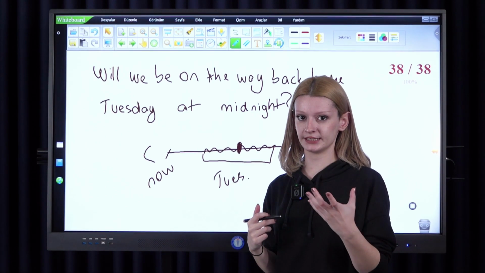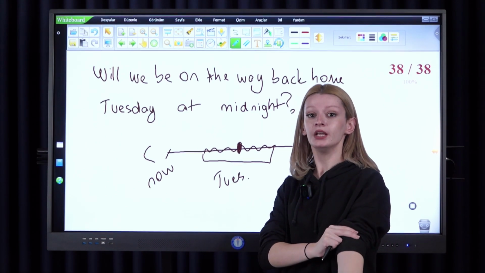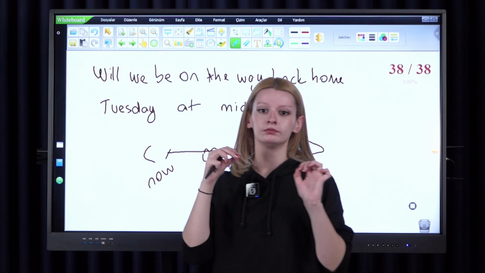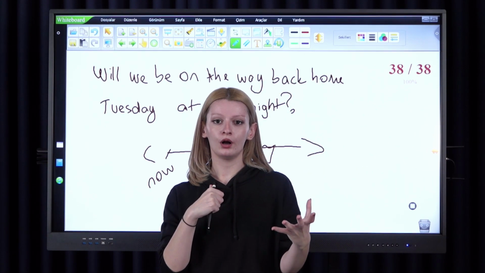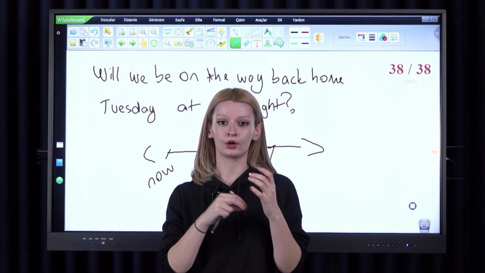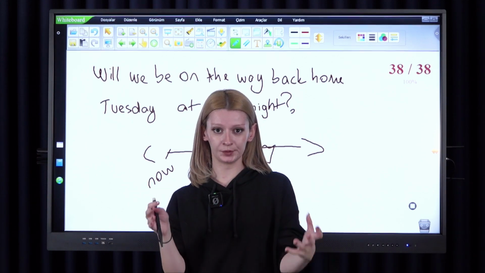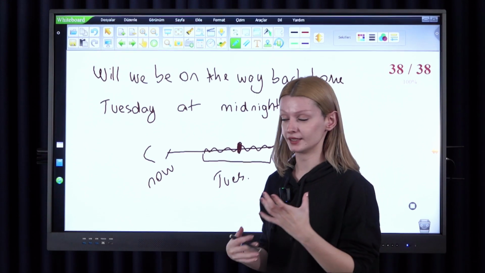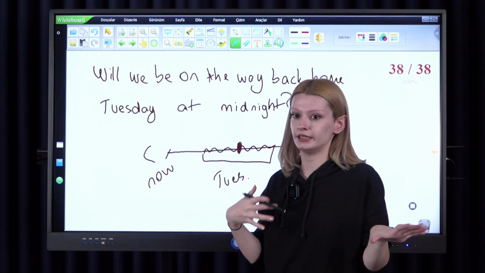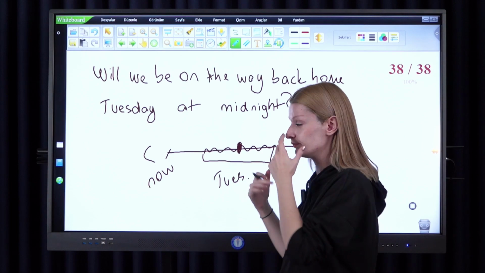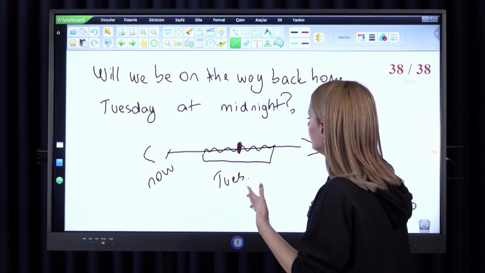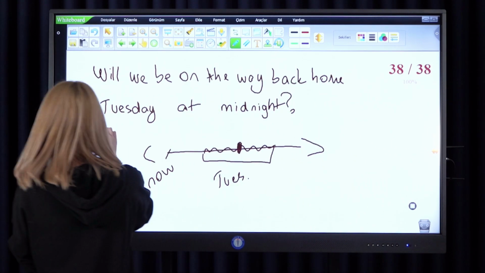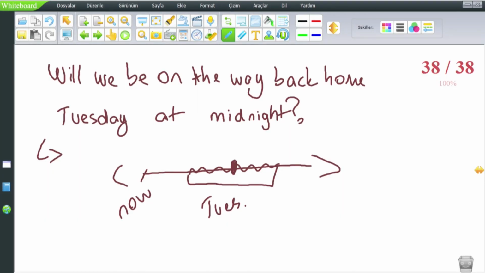It doesn't represent a long action. They cannot be on the road for just midnight and then disappear. So when you logically think about it, it actually takes a long time to do that. So the meaning actually informs us. I can answer in two ways.